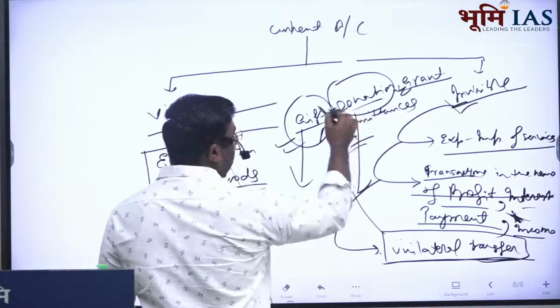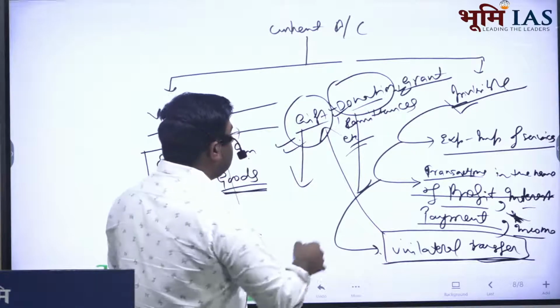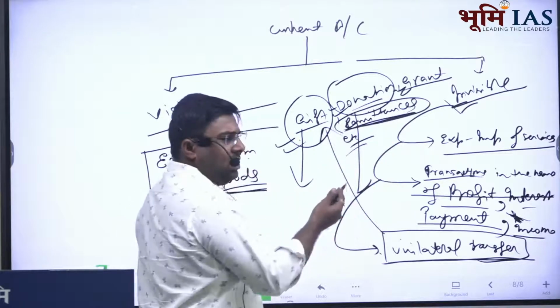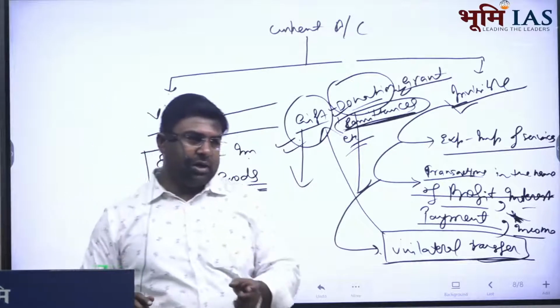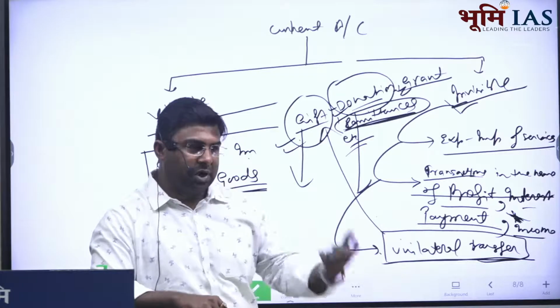I also tried to cite a few examples over here. You can appreciate these examples in context of this word. Remittance means a specific amount sent by an individual who is not residing in his home country.